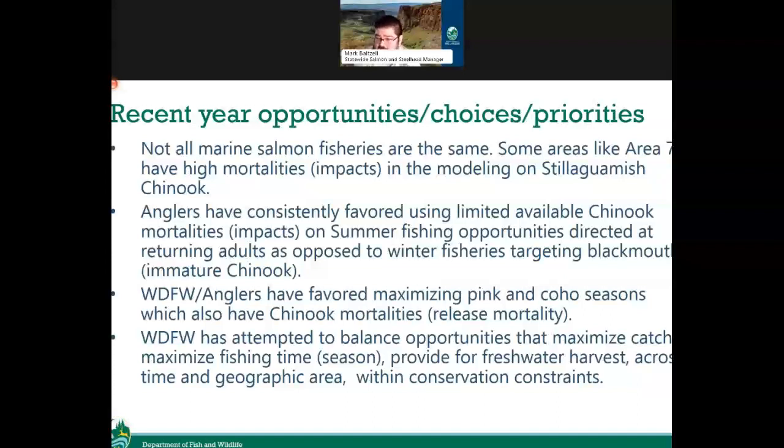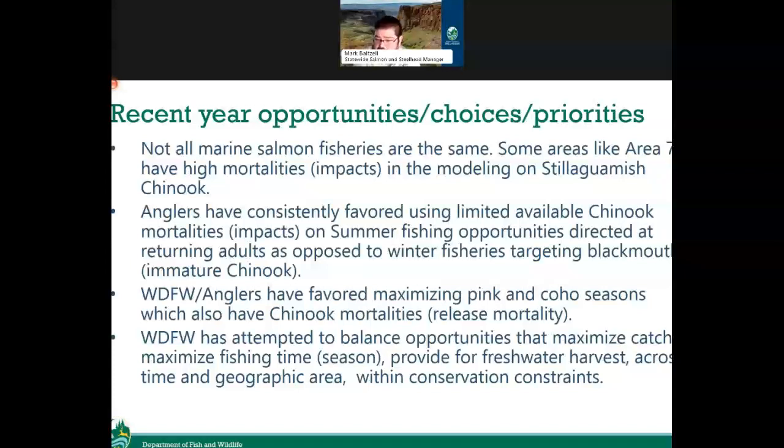As I said, there are a number of traditional winter fisheries areas that were closed because of the lessened amount of impacts available to prosecute fisheries.